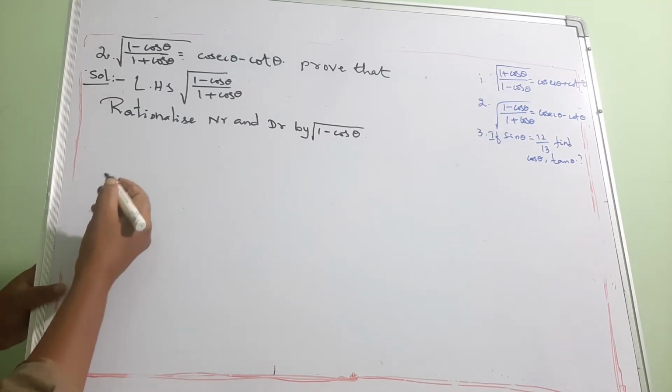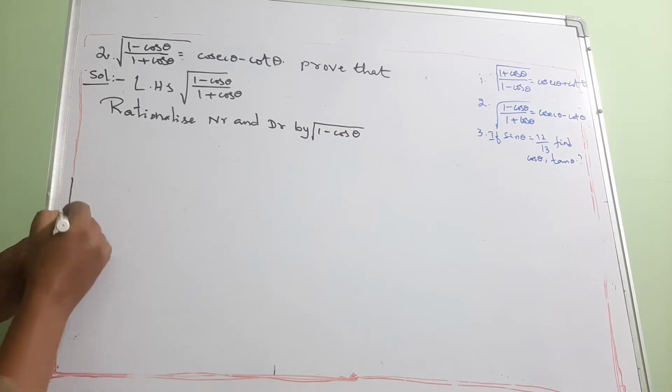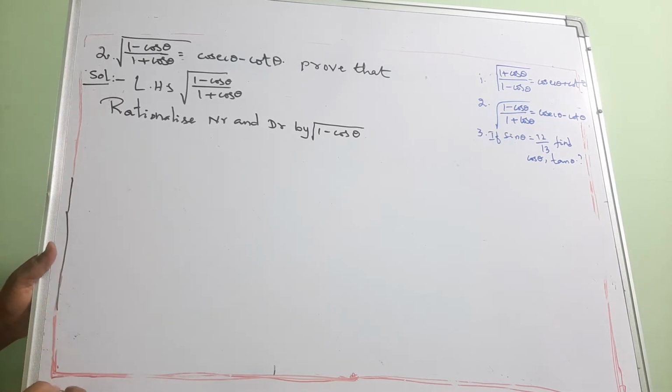That means we multiply both numerator and denominator by root of 1 minus cos theta.